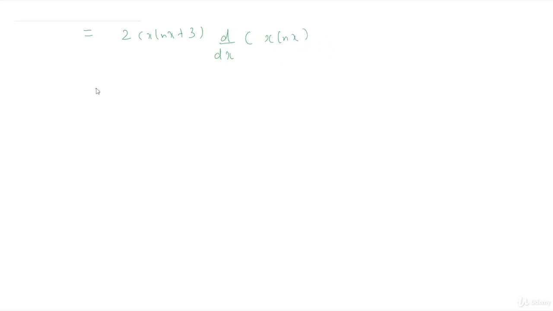So here, first function times differentiation of second function plus second function multiplied by differentiation of x, that will be 1. So this gets cancelled, and our answer will be 2 times x ln x plus 3 times 1 plus ln x.